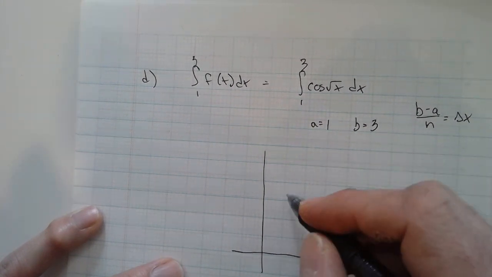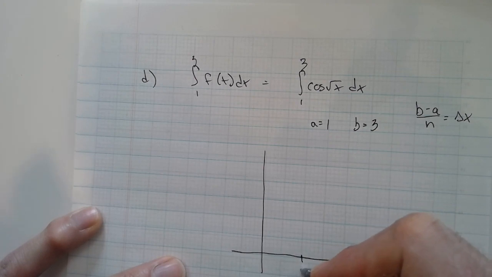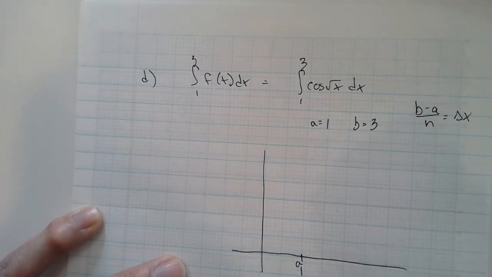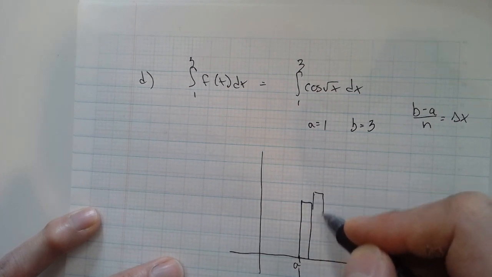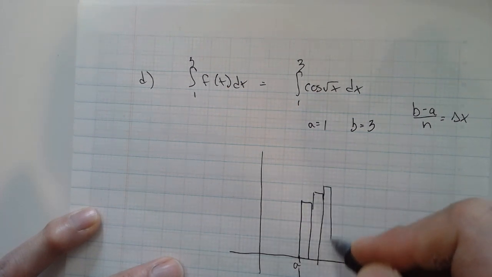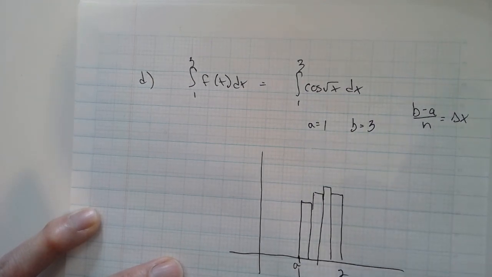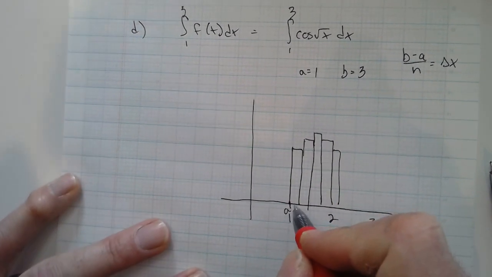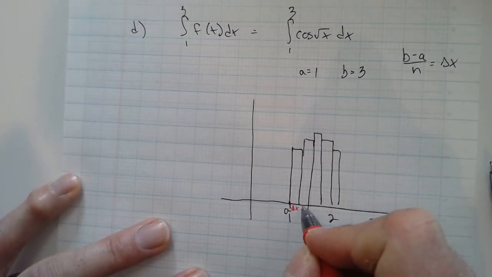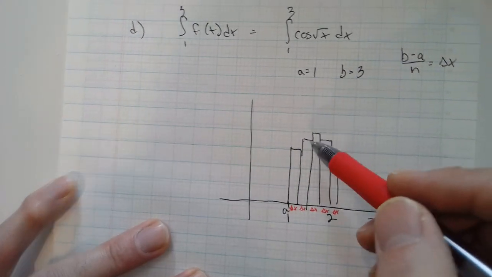So if we're going to add up a whole bunch of intervals or rectangles, there's a, which is 1. If I wanted to add up this, and then another one, and then another one, all the way up to 3, each of these rectangles has base delta x, and our heights are determined by whatever the y value is.